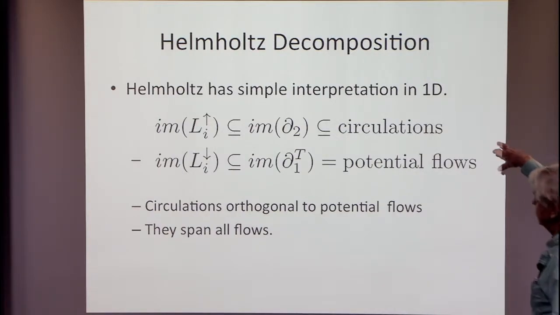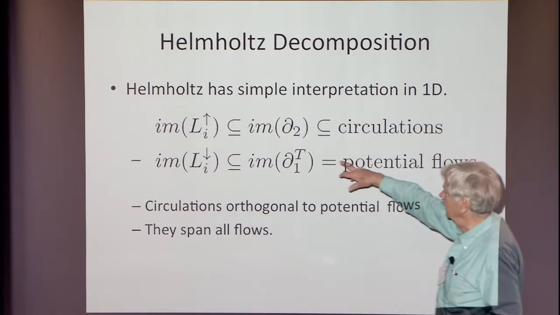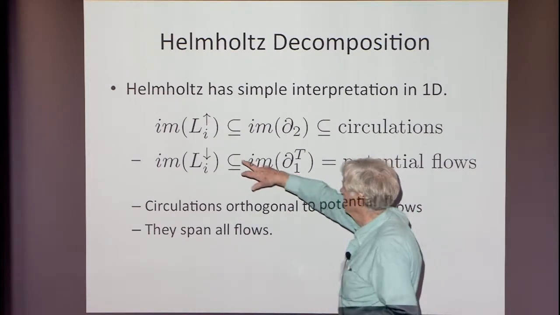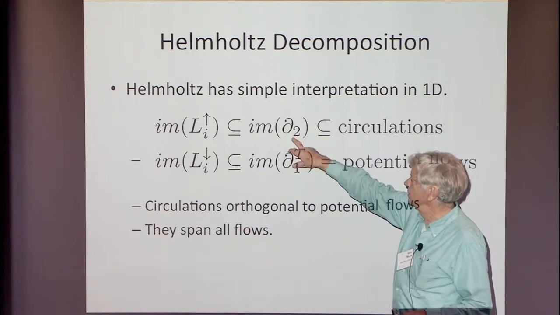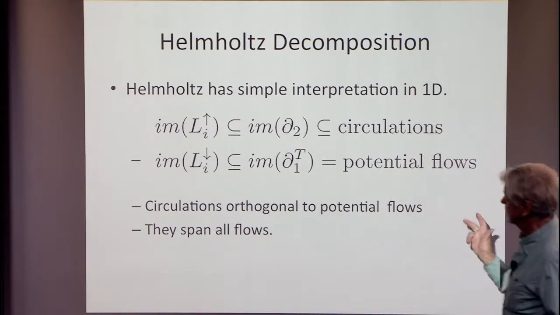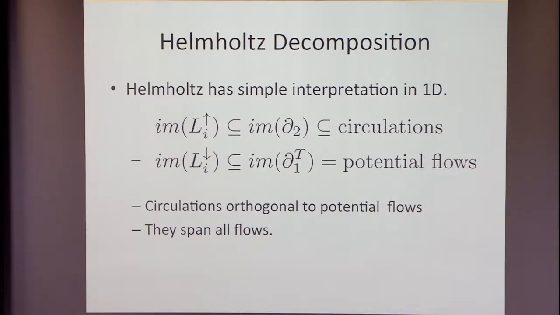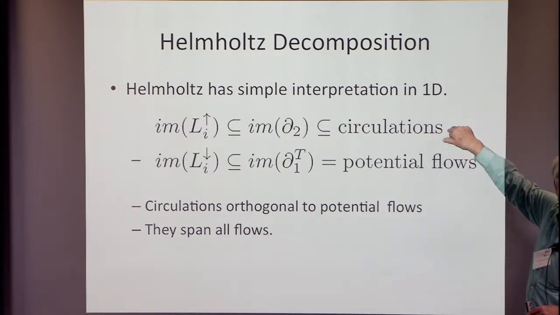Another interpretation is that the image of this thing here is contained in the image of this map. But notice that this map has the property that it returns the circulation for each face. So it's a sum of circulation, so it is a circulation. This returns some kind of circulation on the edges.